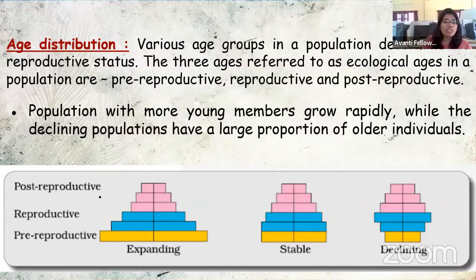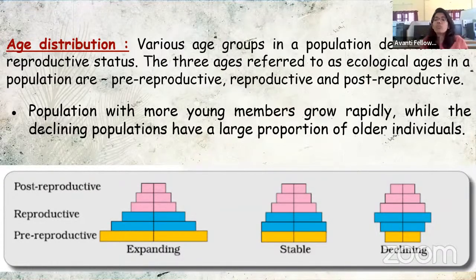Obviously the post-reproductive people will die, the reproductive people will move into the post-reproductive stage, and the pre-reproductive people will attain the capacity of reproduction, so the number of organisms in the next generation will increase. So there are high chances of the population increasing.